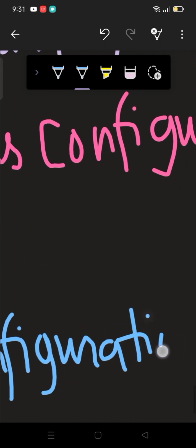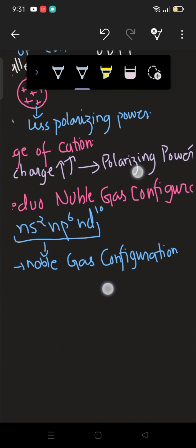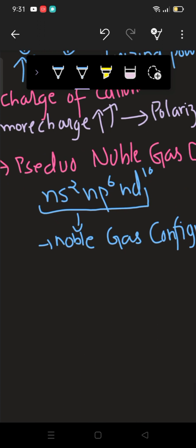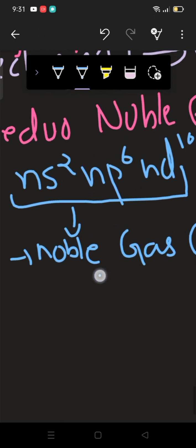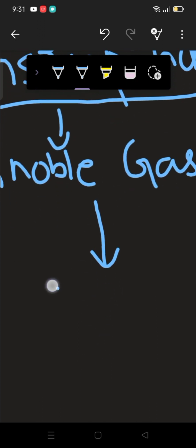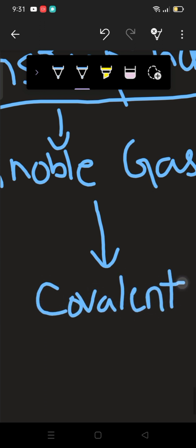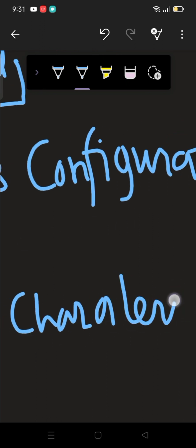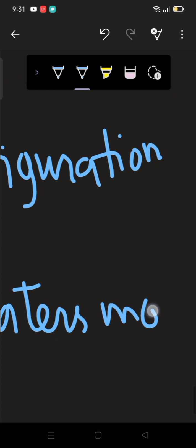So an atom which has this configuration is known as having pseudo noble gas configuration, and an atom with pseudo noble gas configuration will have more covalent character.